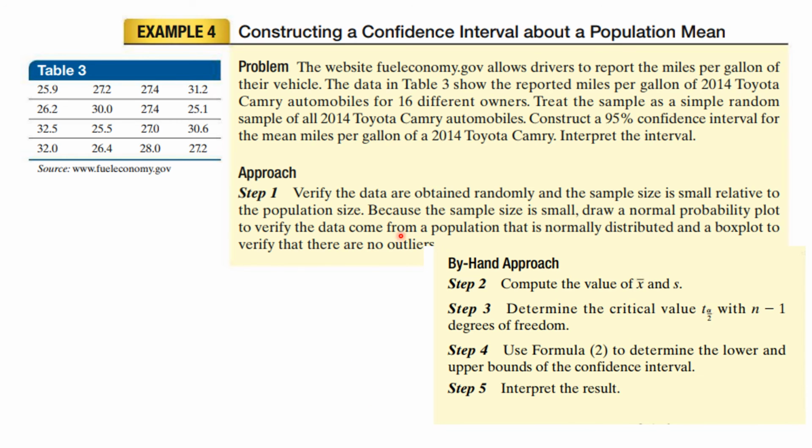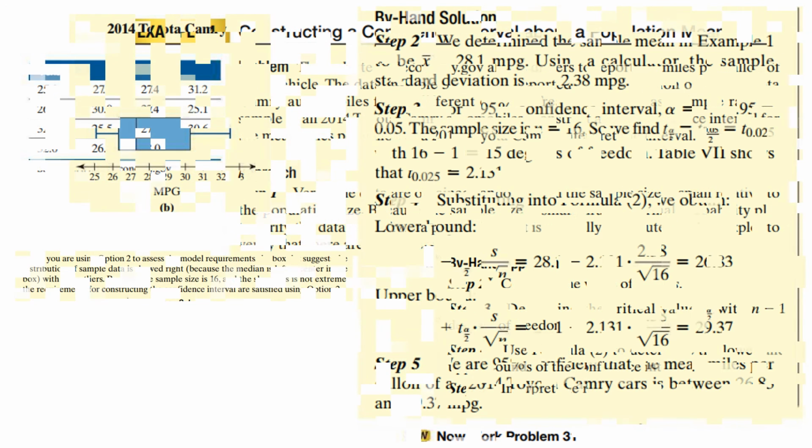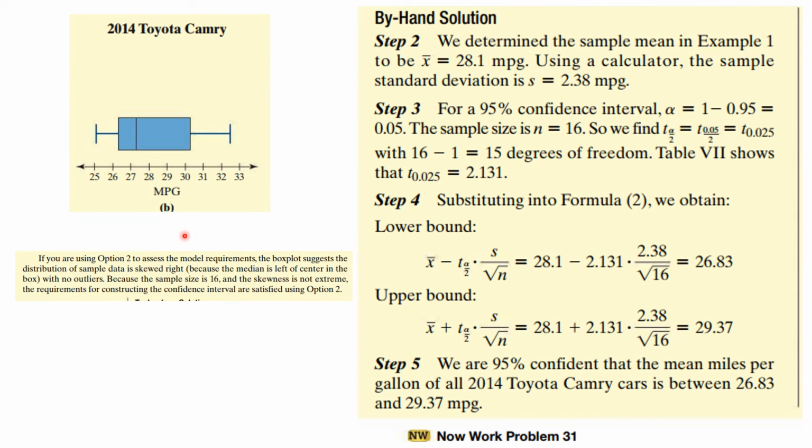We've already found these, so let's look at the work. Here's the box plot, and you say it's not exactly normal, but it's good enough. So we did the box plot here. For step 2, we find out that the standard deviation is 2.38. We did that earlier, and the mean was 28.1.